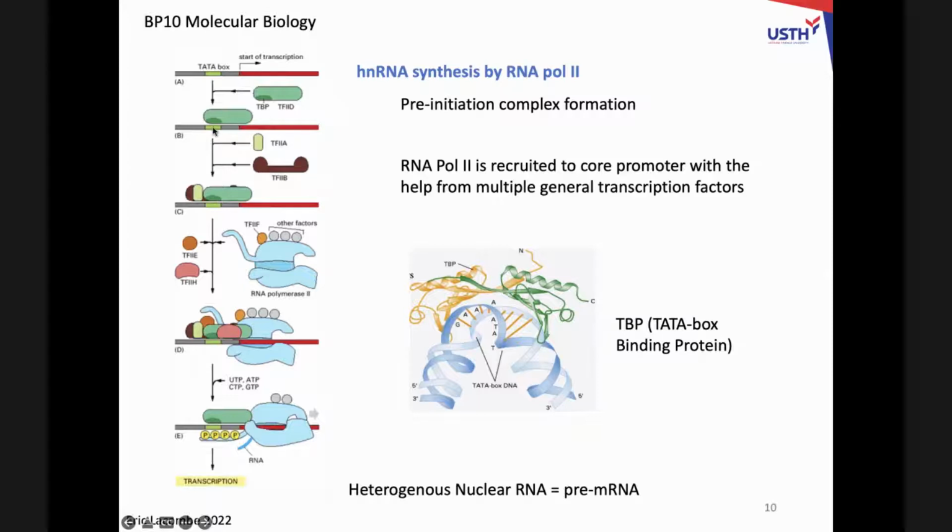So TATA binding protein binds the TATA box, and TFIID, which we saw before, is able to recognize the sequence before or after the TATA box. Because when we talk about the orientation in a promoter, it's very, very strange. So to make it short, first event: recognition of common promoter features by general transcription factors.